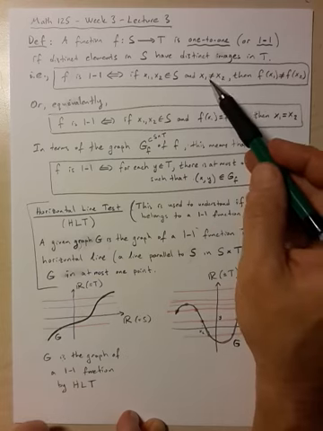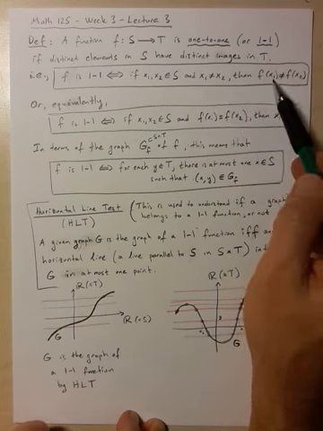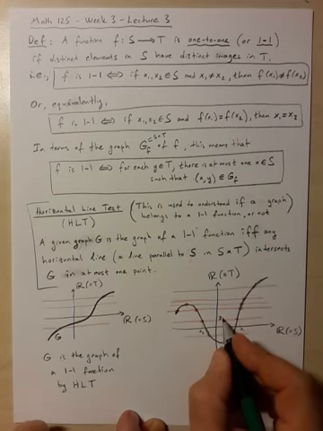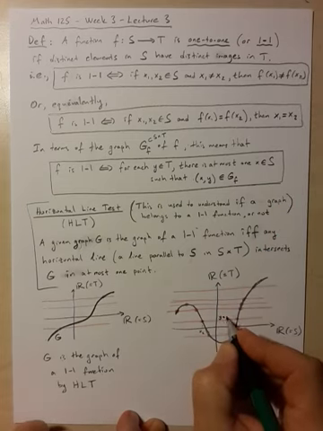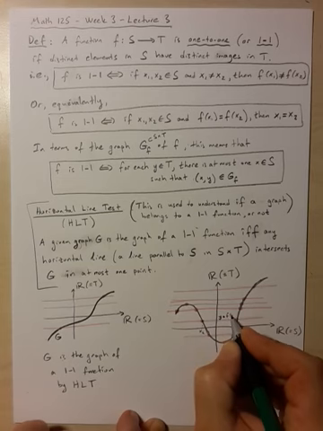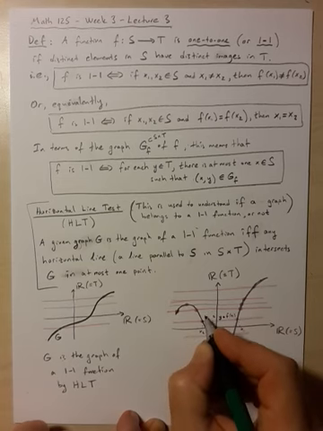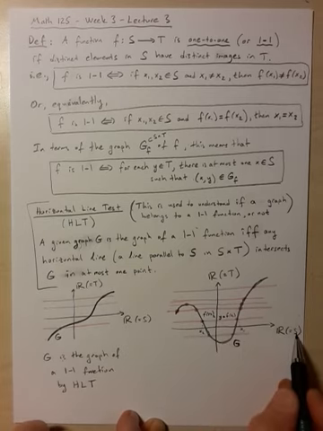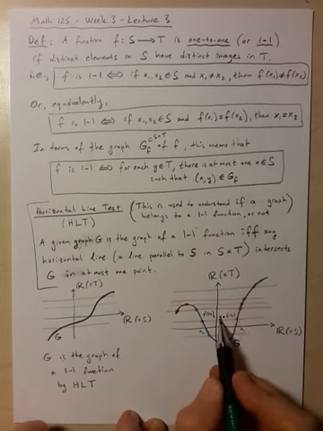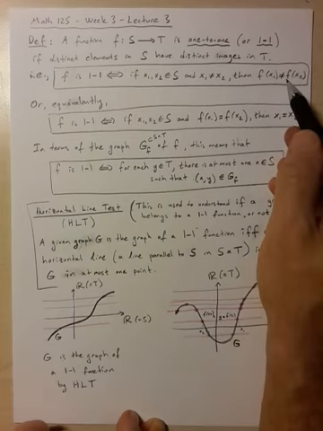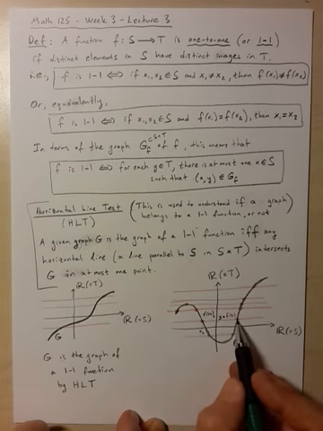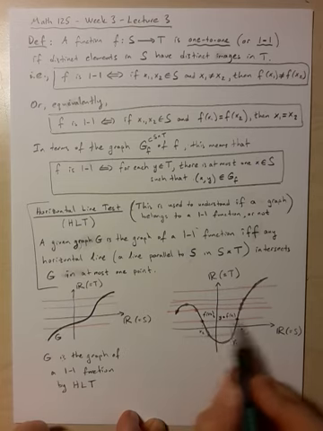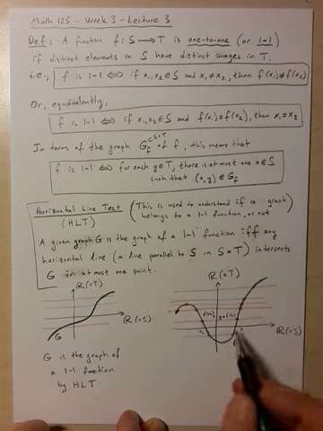Y is on one hand f of x1, but on the other hand f of x2. Two distinct elements of S are mapped to the same element. So this condition fails. Therefore, by just looking at these 2 points, we can conclude this function cannot be one-to-one.